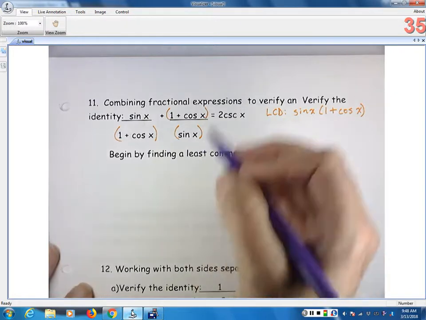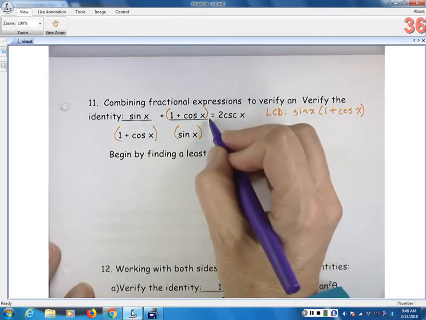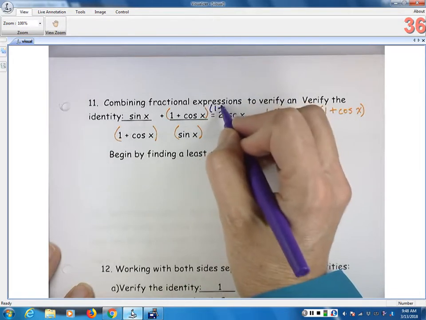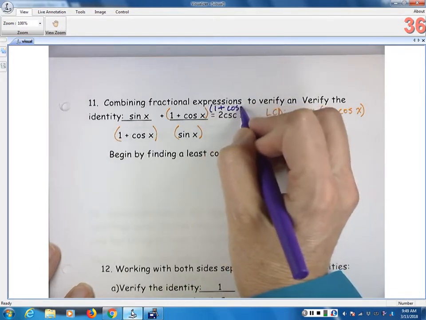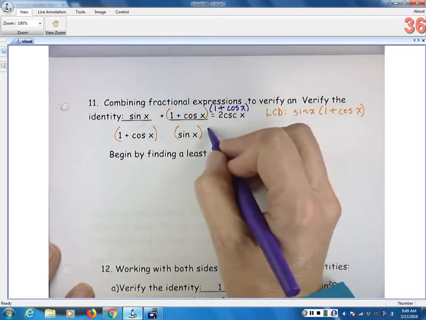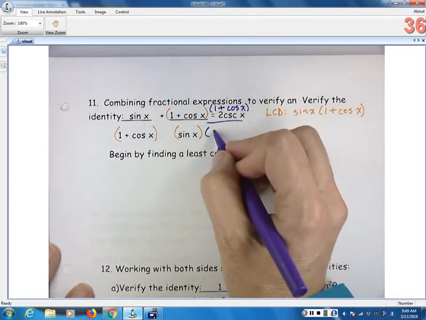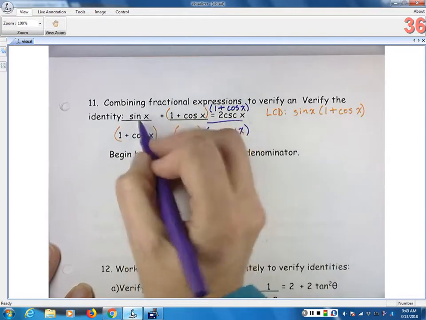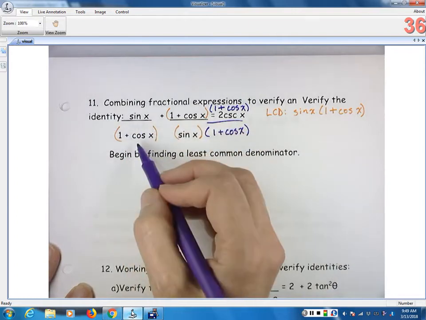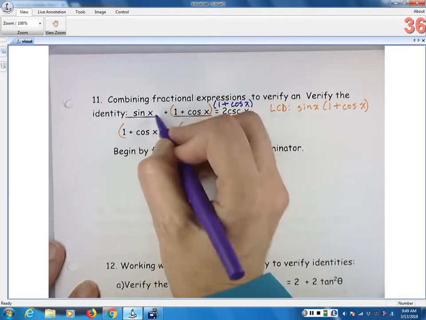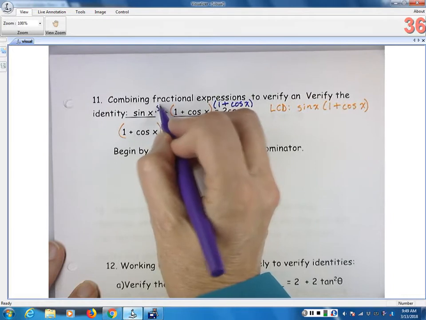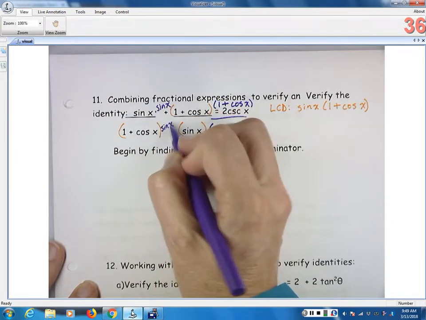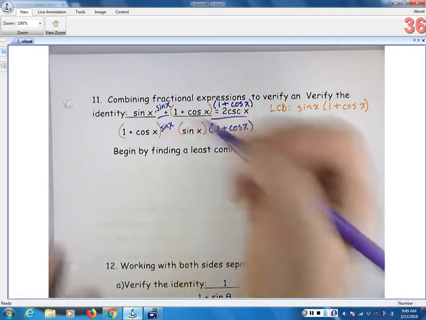To save space, I went ahead and wrote on my paper. So you would multiply this fraction by 1 plus cosine x on both top and bottom. Then this one is missing the sine x, so you multiply by sine x over sine x.